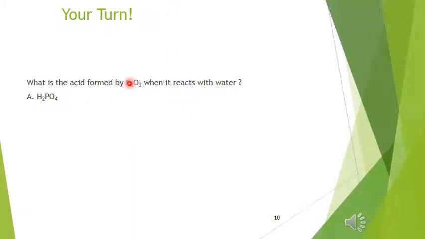You take a non-metal oxide and add it to water. Which one you get doesn't matter. The main thing is you end up with an acid. I'm going to fix this so you can get the right answer.